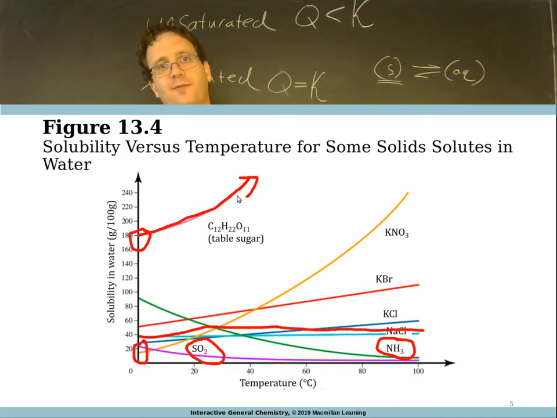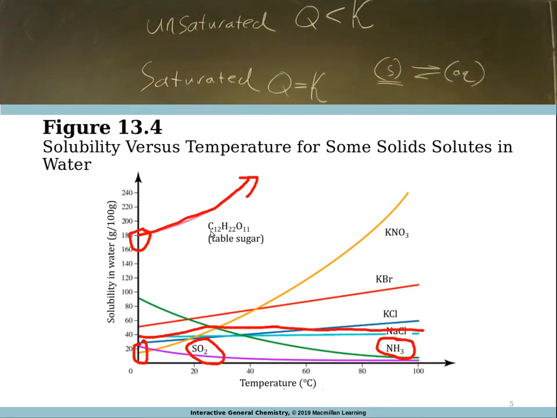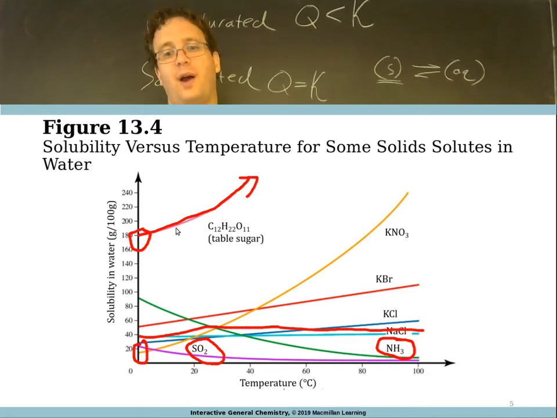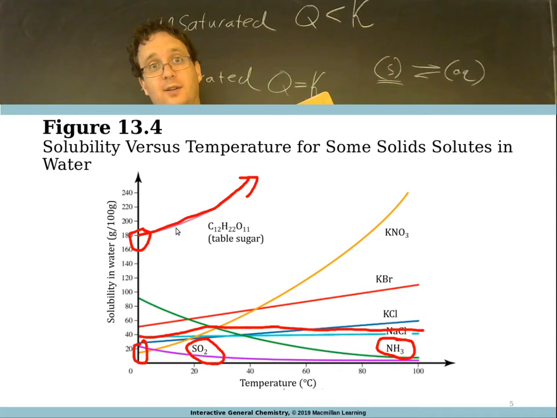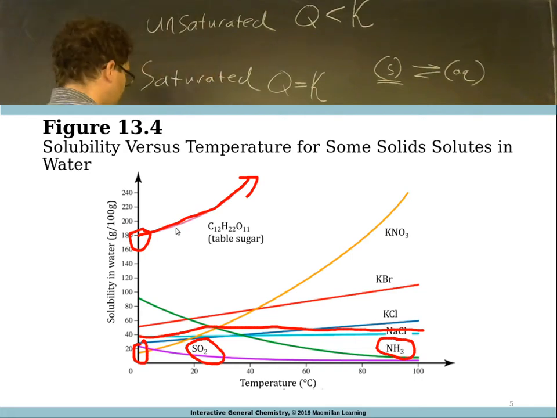But what if I then take my solution off of the stove and I let it cool back down to room temperature, where the solubility is only about 200 grams of sugar per 100 grams of water? Well, then I'll have a situation where I have dissolved more sugar into the solution than the solubility states. And so that is a supersaturated solution.